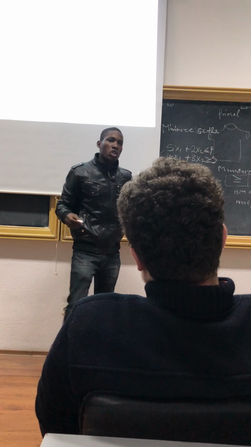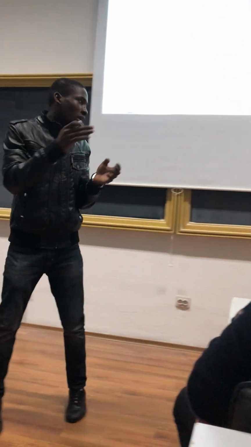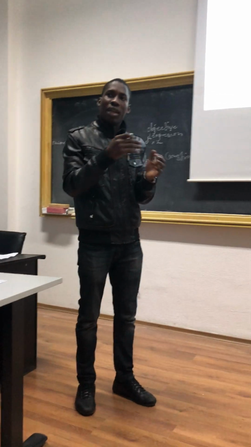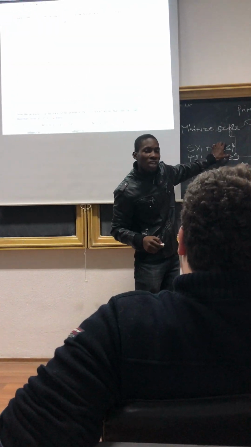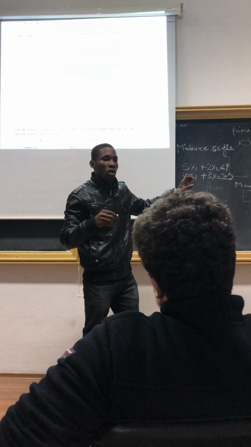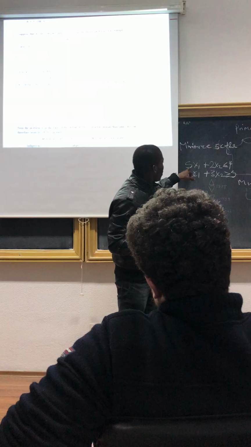Once we don't have them the same, greater than or equal to, less than or equal to, we have to try to make all of them the same. By doing that, we multiply this particular one by minus 1.